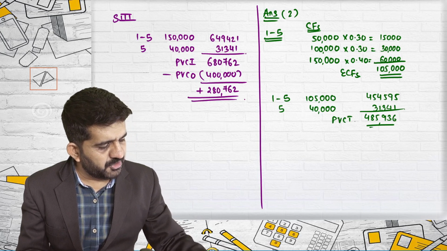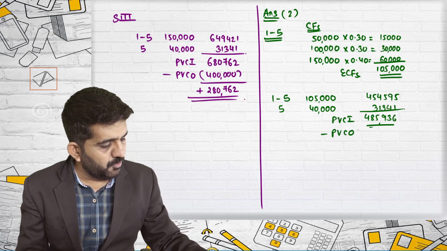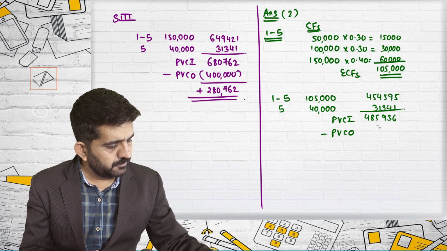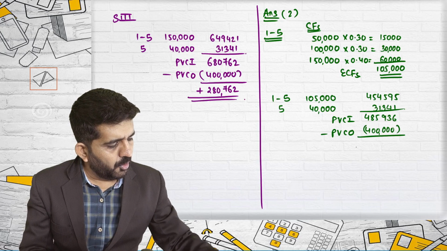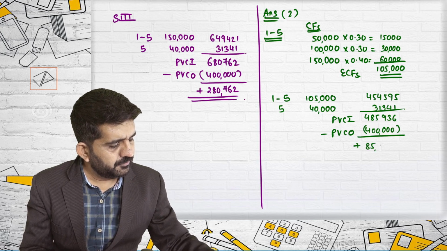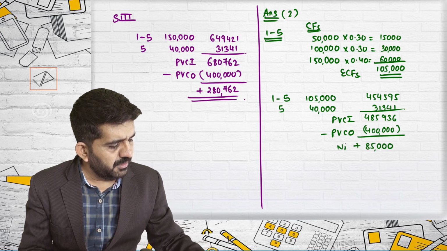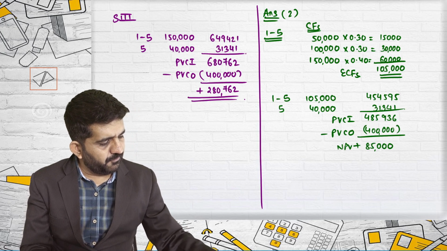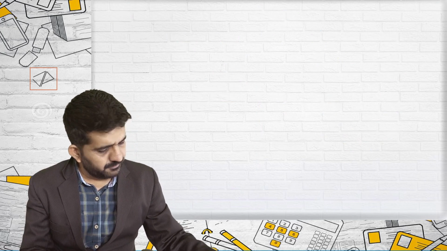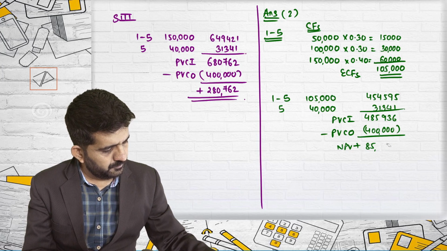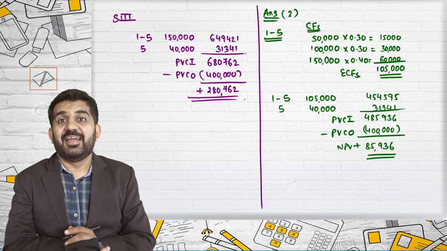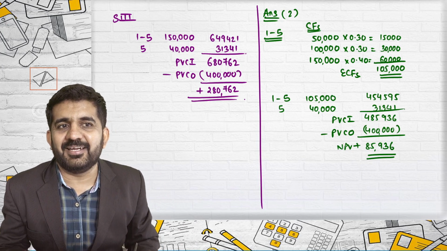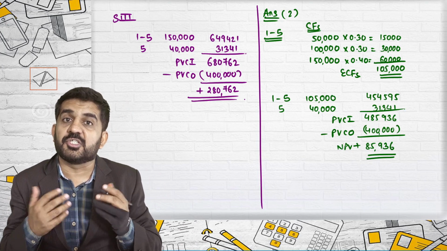Present value of cash inflow minus present value of cash outflow, 4 lakh rupees, gives a positive NPV of 85,936. And in probability analysis, you have already considered your risk in the cash flow.